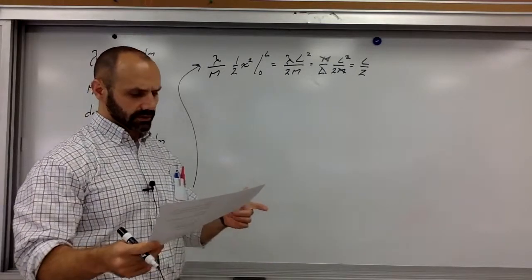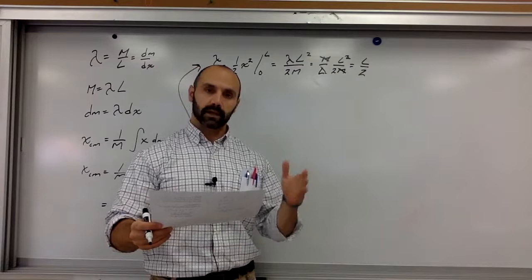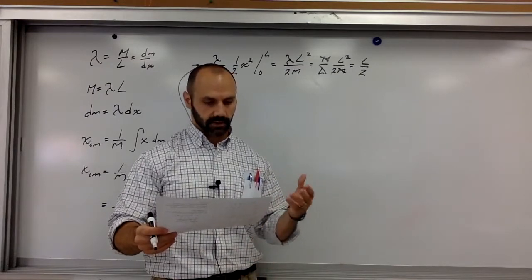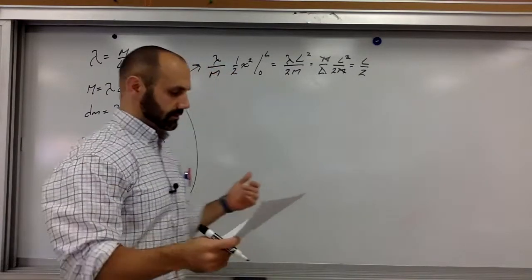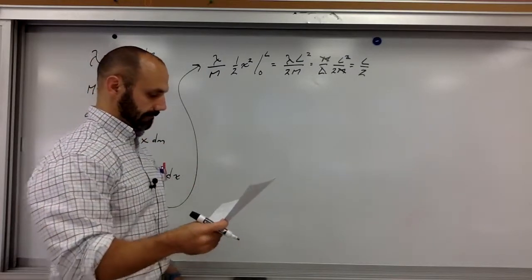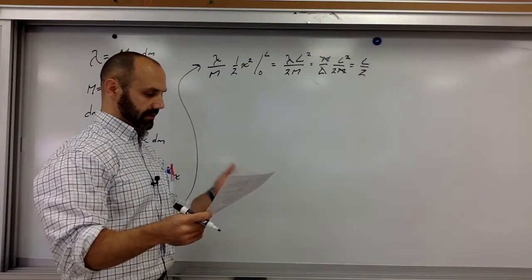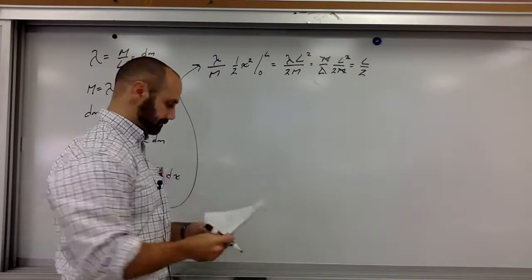Right, but now let's do this a little differently. Now we want to say that lambda is not constant, that we have a function for lambda, where lambda is equal to alpha x, where alpha is some constant.